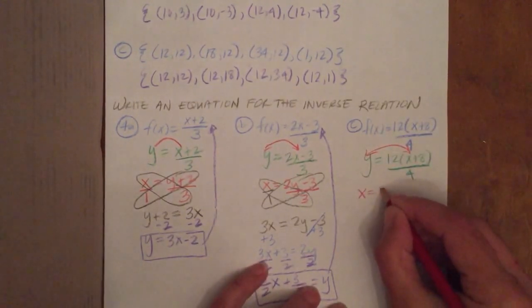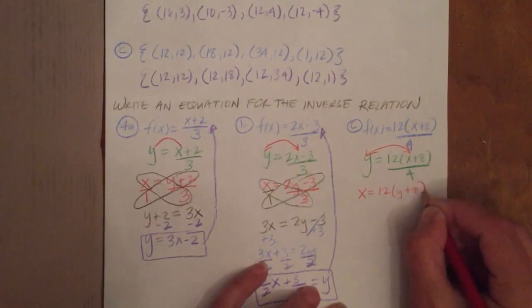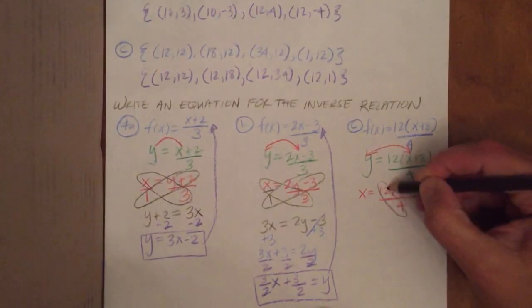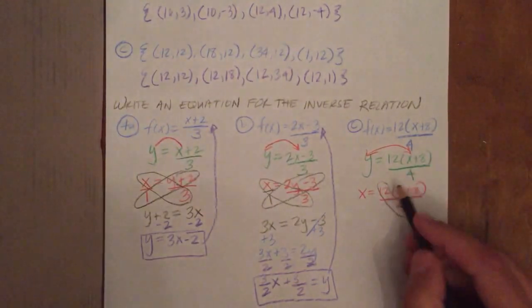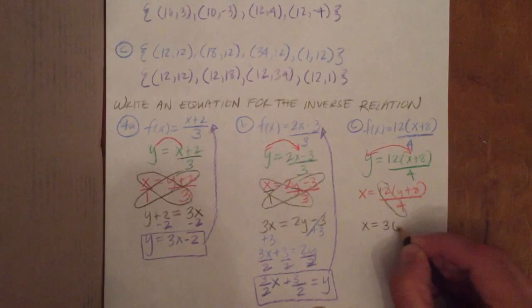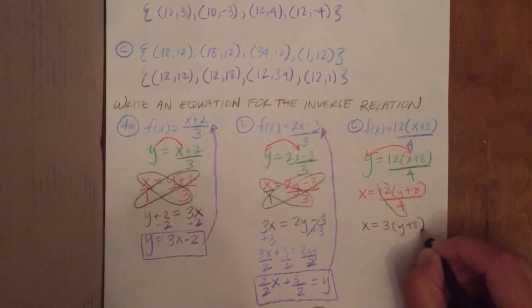So x equals 12 times y plus 8 over 4. Well, there's something nice that we can do here, something easy. The 12 and the 4 reduce. So 12 divided by 4 is 3. So I can rewrite this as x equals 3 times y plus 8.